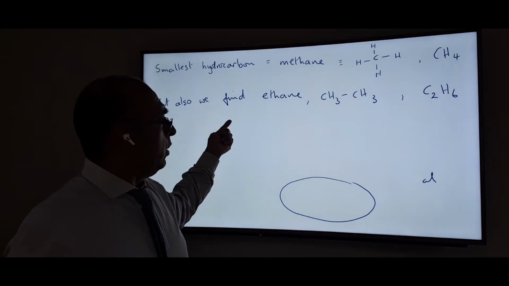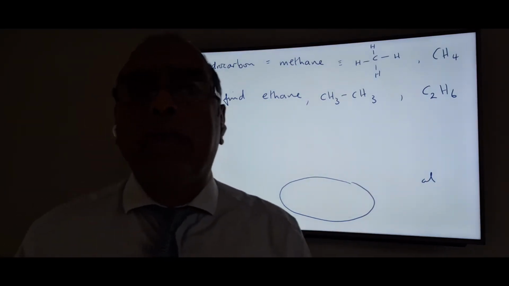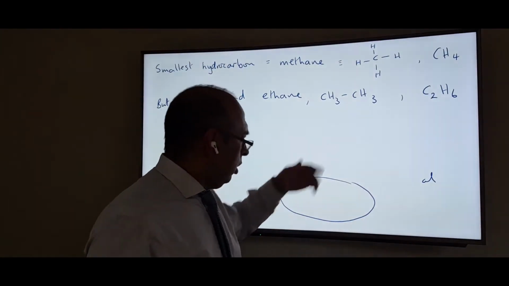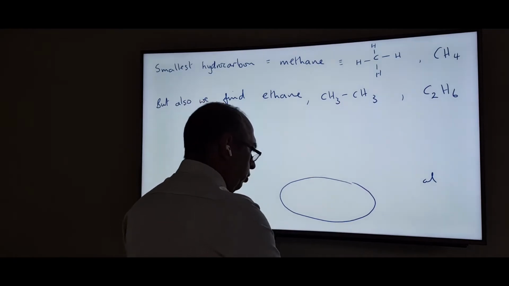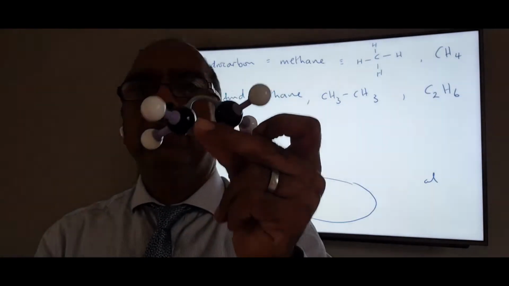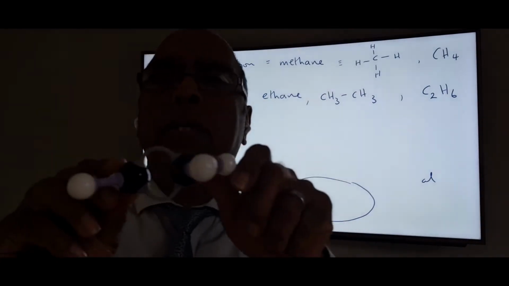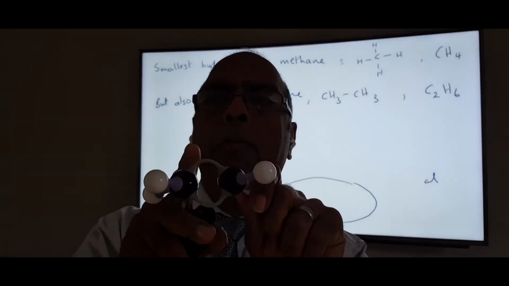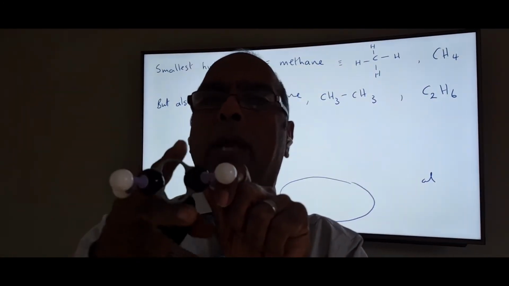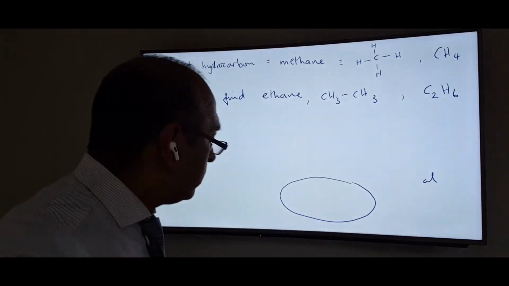It's the molecule or the chemical that's in natural gas that your boilers need or you do your cooking on, etc. What are other hydrocarbons? Well, they're just longer. So 2. That's a hydrocarbon. That's not a normal hydrocarbon though. That's got a double bond there. And the double bond there makes it something different.